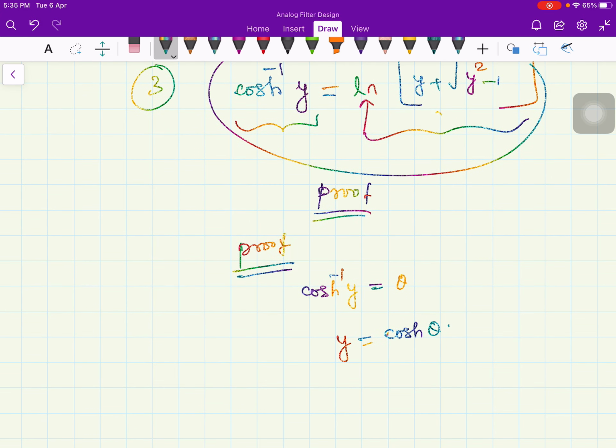So then this becomes ln of cos theta plus square root of cos squared theta minus 1.